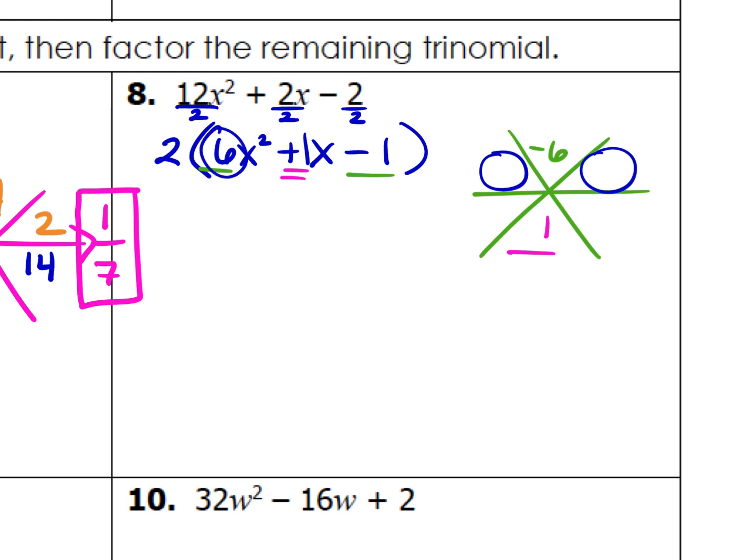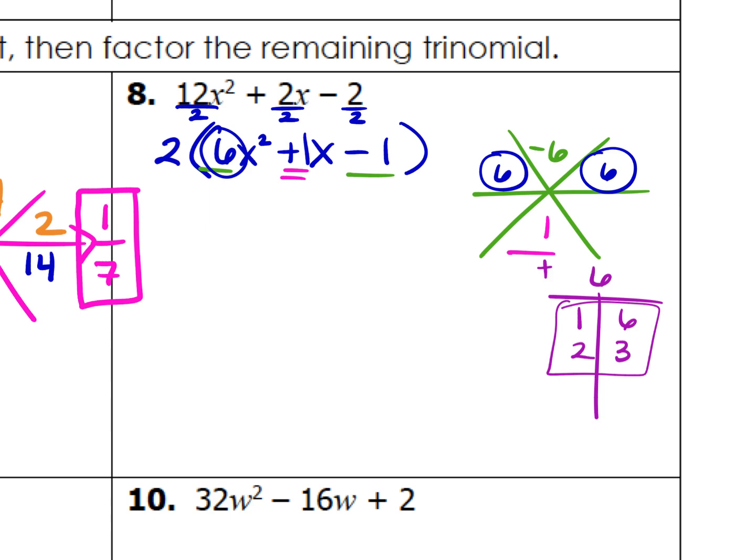That's your new A term, 6 and 6. Okay, the question is, what can you multiply to get a -6 that you can add to get a +1? So 1 times 6 and 2 times 3. You need to figure out positive, negative, what we get from that to get to a -6 when you multiply, but a +1 when you add.